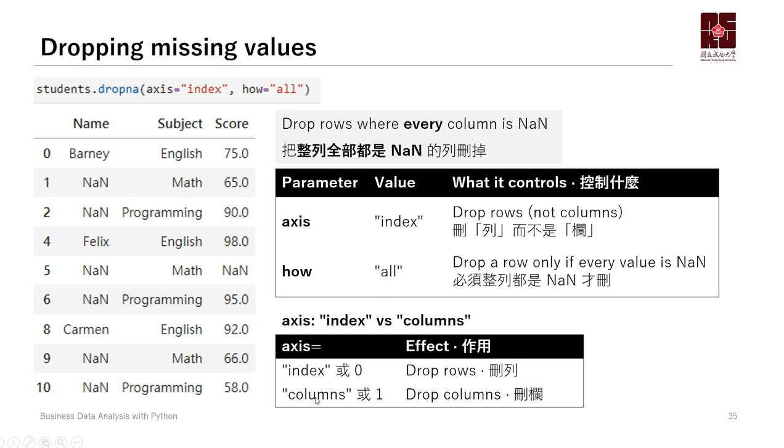And you can also use column. Column depends on the column name, like subject or score. But traditionally we will use it this way because our data is put like this. So axis equal to index is more popular.